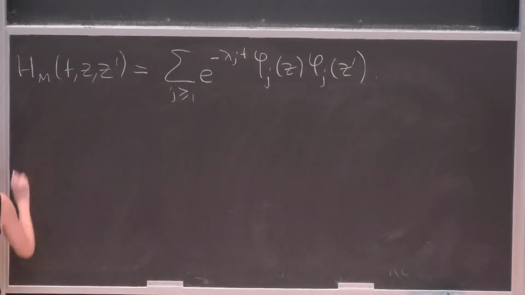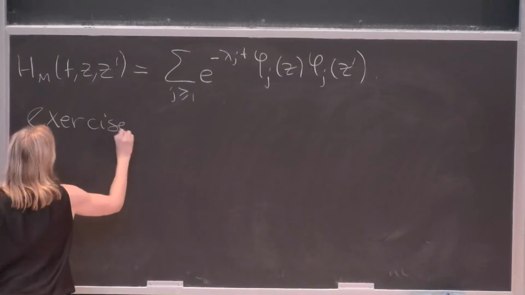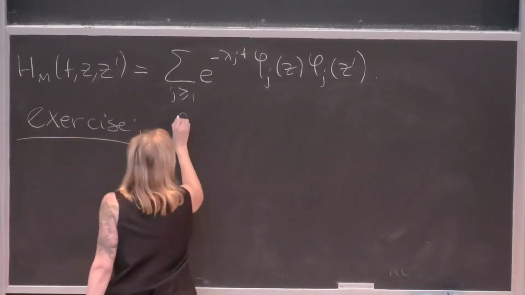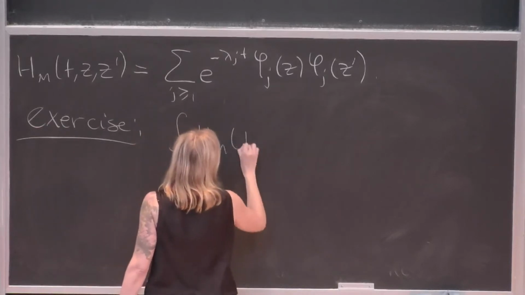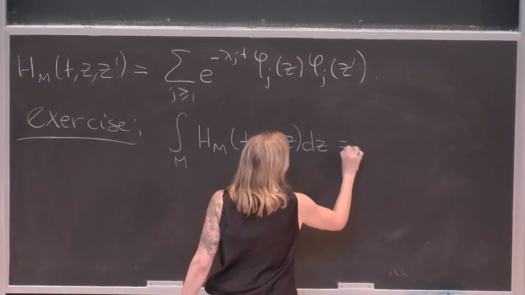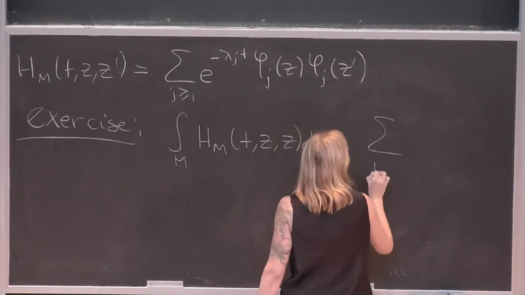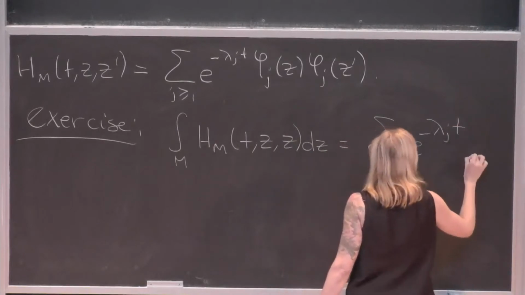As an exercise, using this expression, you can write this integral in a different way, in particular as the sum of e to the minus lambda j times t.